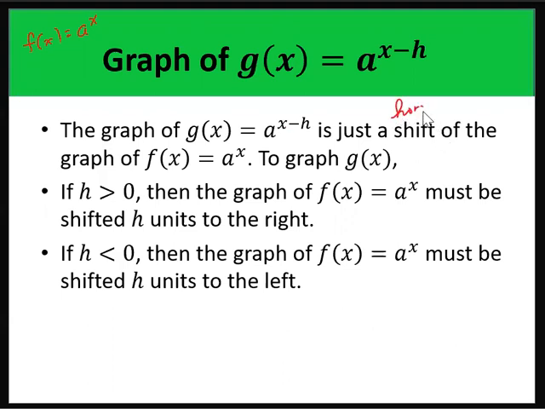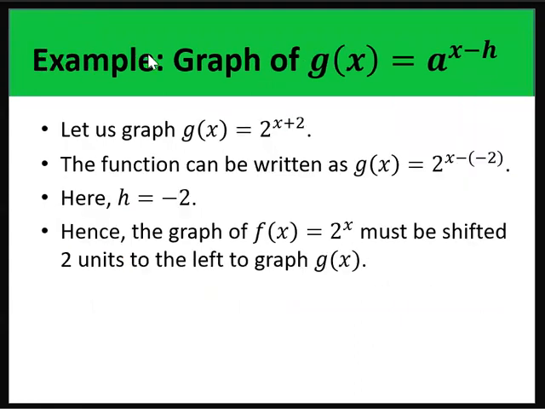Particularly, it's a horizontal shift of the graph. So if the value of h is positive, then the graph of f of x equals a raised to x must be shifted h units to the right. Now, if h is less than 0, then the shift must be h units to the left.